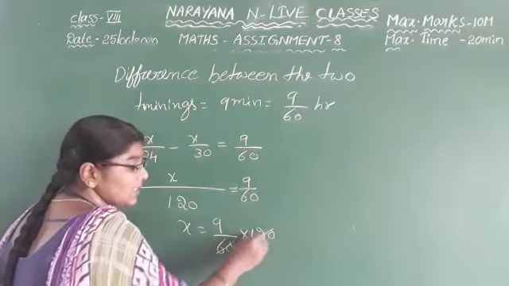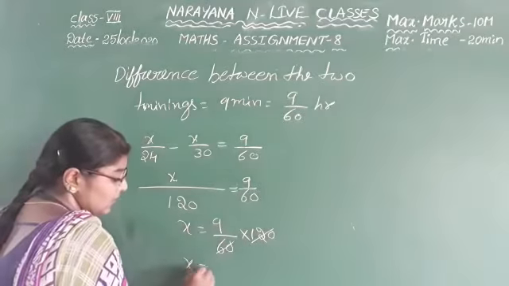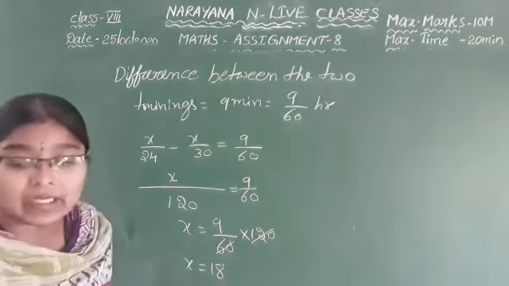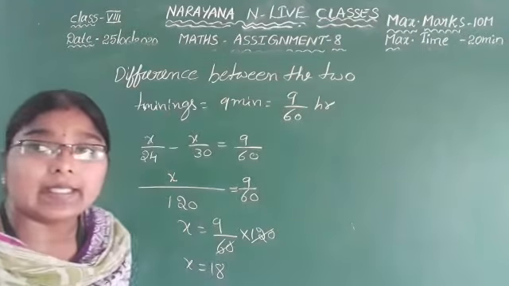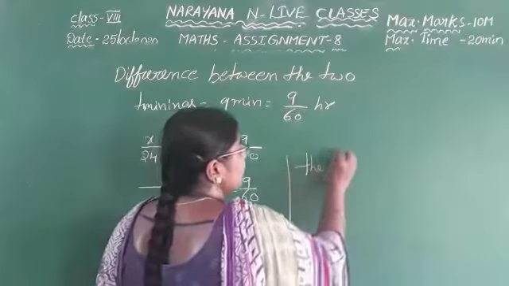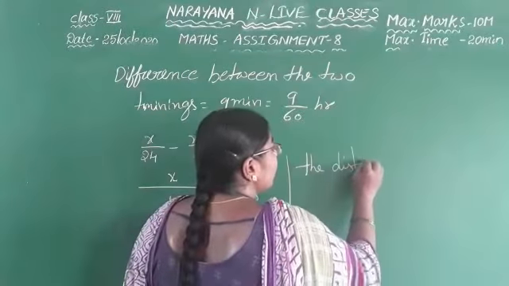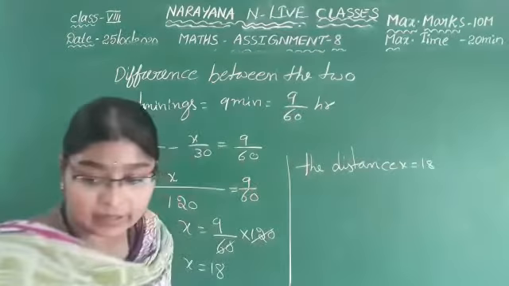It cancels 2 times, so 2 nines are 18. So the value of x, the distance, is 18 kilometers.